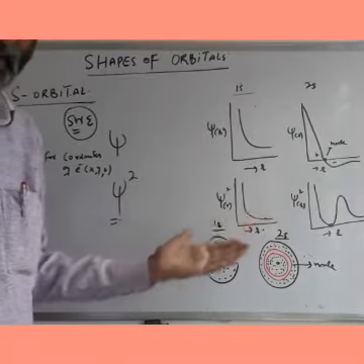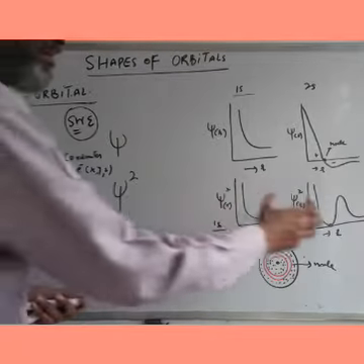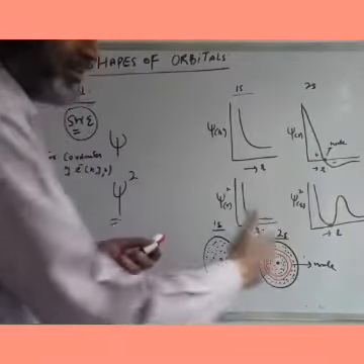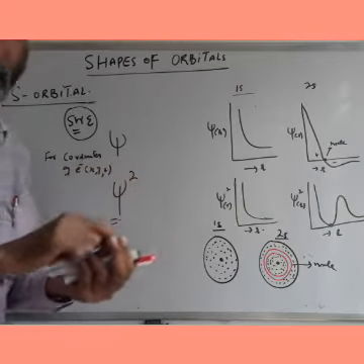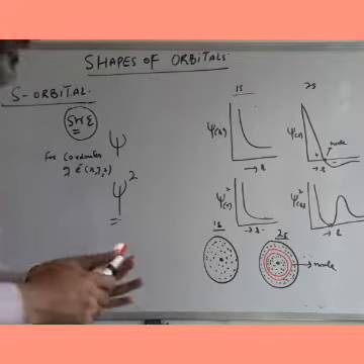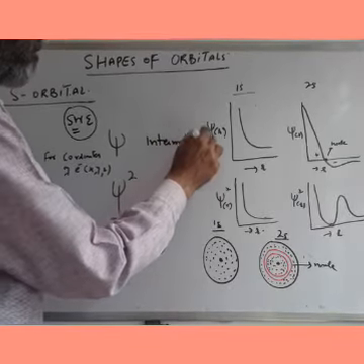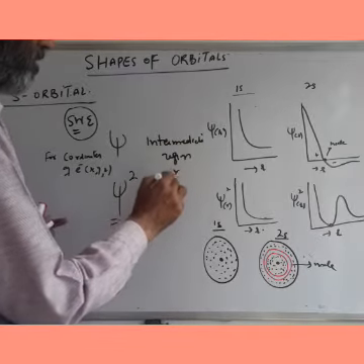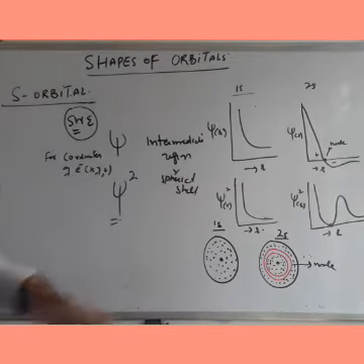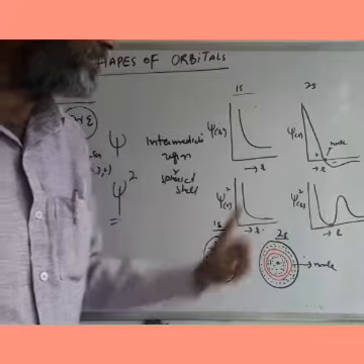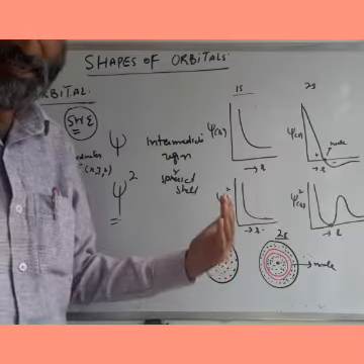So what do we observe here? The intermediate region within the 2s orbital is a spherical shell where the probability of finding the electron becomes 0, equal to 0.